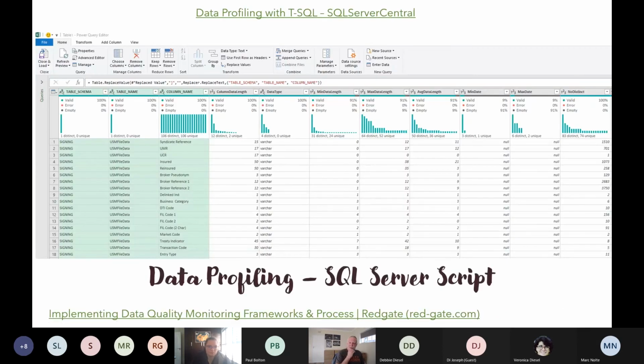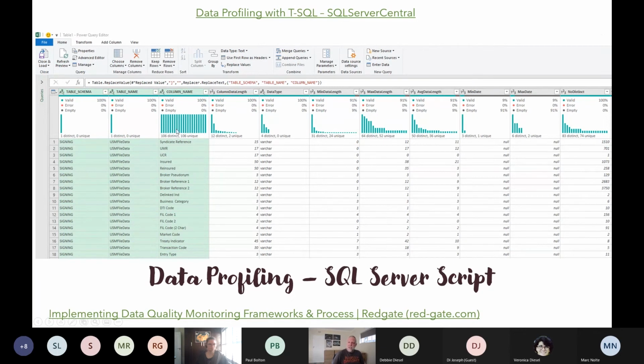So I've got two scripts that I think you should look at. There's a really nice one called Implementing a Data Quality Monitoring Framework and Process on a Redgate. And then this one is the one that I'm using at the moment, which is data profiling with T-SQL. And it's SQL, on SQL Server Sentry, you'll be able to get the slides and stuff like that.